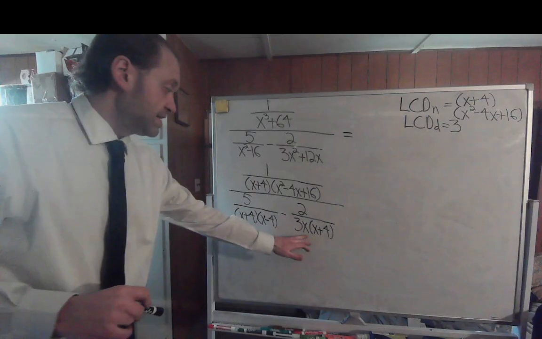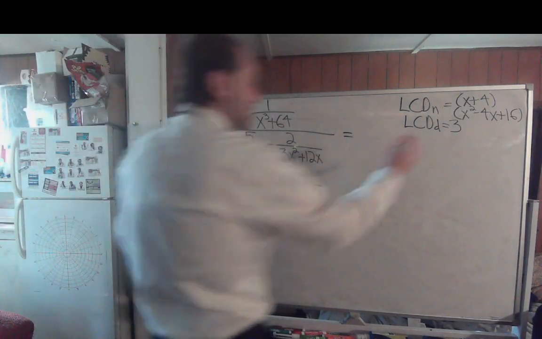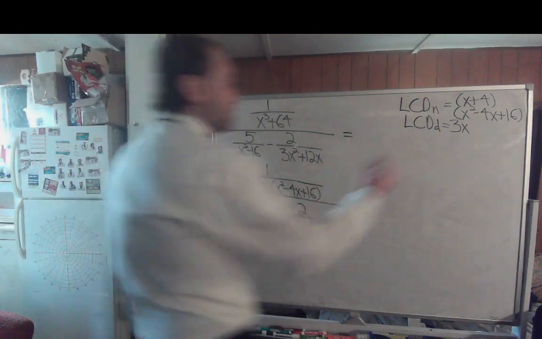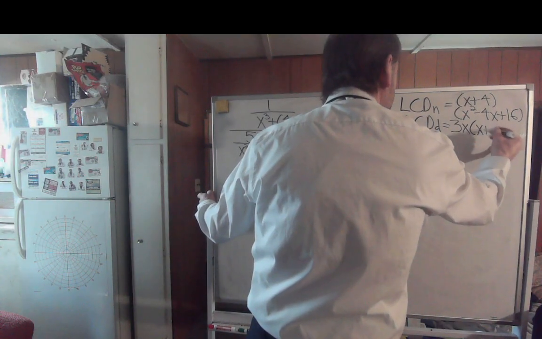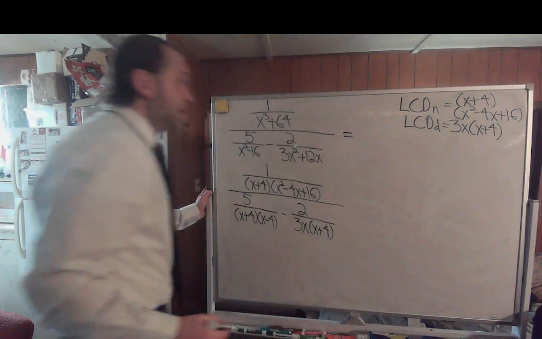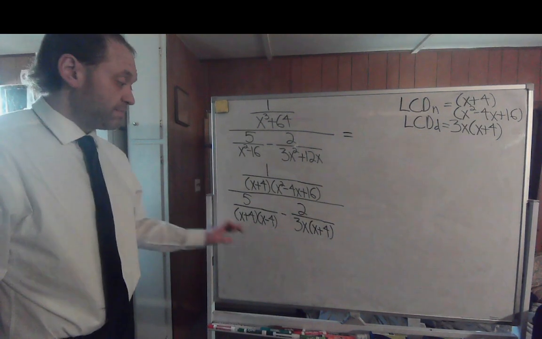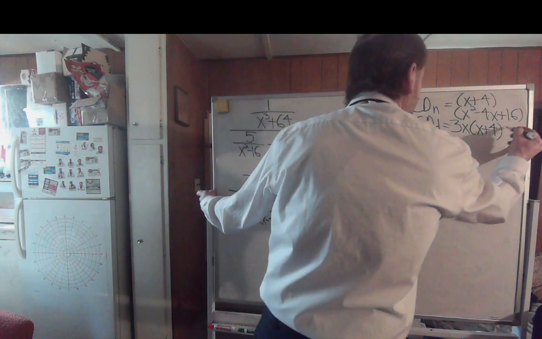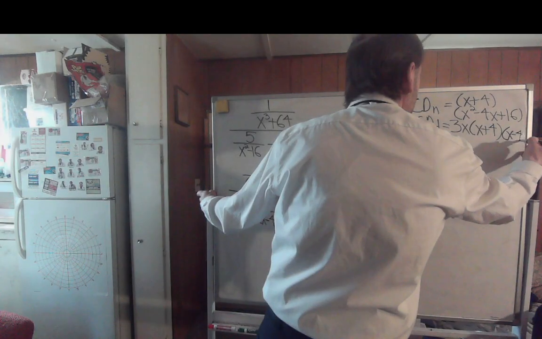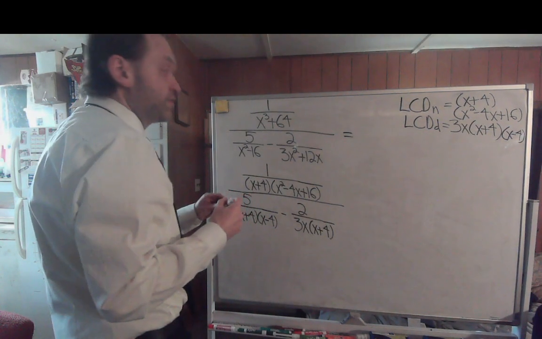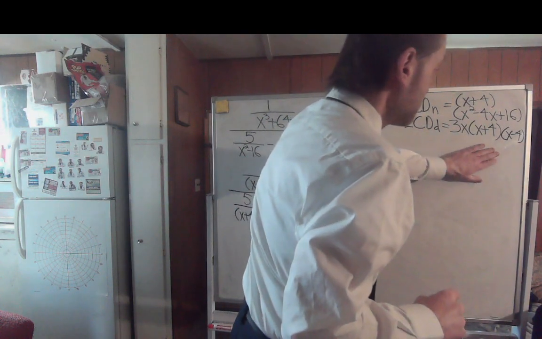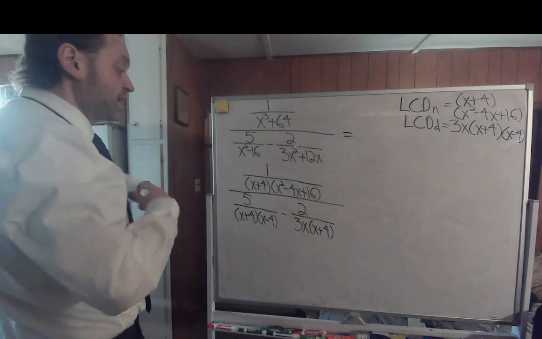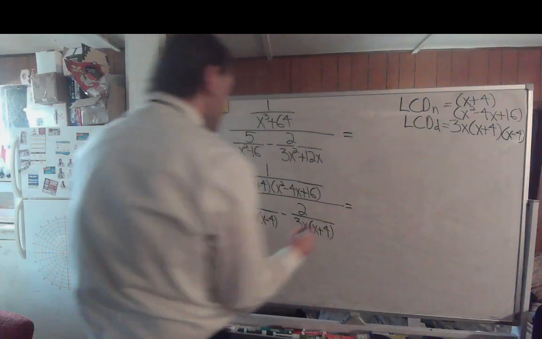Only one of them has just an x by itself, so you're definitely going to have an x in that. Both have an x plus 4, so definitely an x plus 4 is part of your least common denominator. And then in your denominator also, only one term has an x minus 4, so you're also going to have an x minus 4. So the least common denominator of your denominator will be 3x times x plus 4 times x minus 4. So let's try to go ahead and simplify this a little bit more.